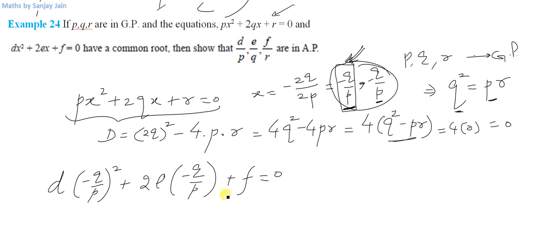And I can further write it as dq squared, and in the denominator I'll have p squared. So I can take p squared as my LCM. So I'll have to multiply this term with p, so it will become minus 2eqp, and I have to multiply f with p squared, and from the denominator p squared will vanish because p cannot be 0, as this is a quadratic equation and p is the coefficient of x squared.